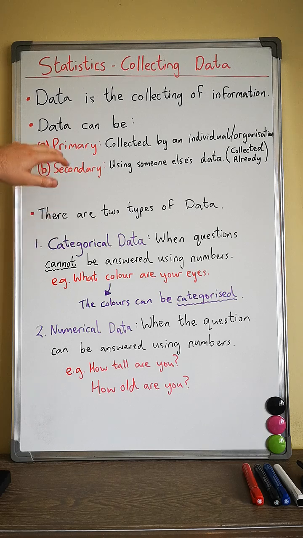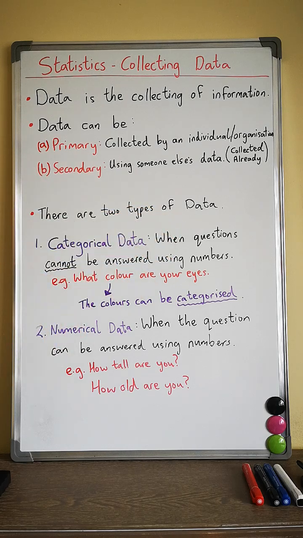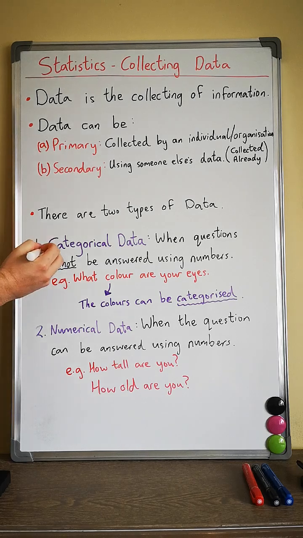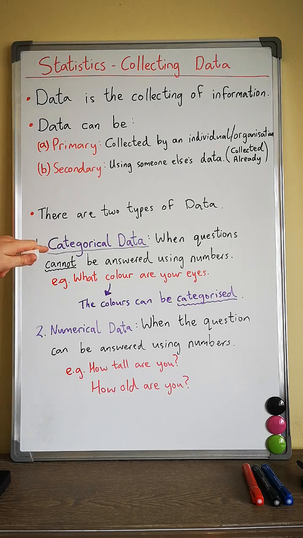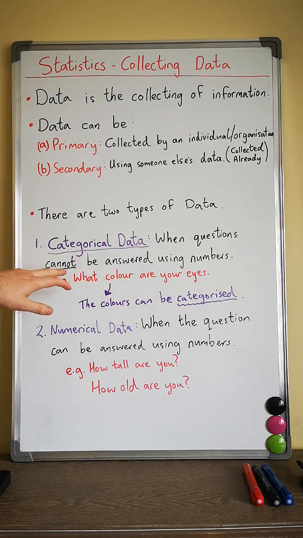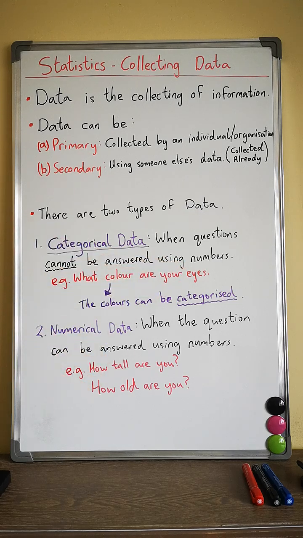Okay, data can either be primary or secondary, but there can also be two types of data. The first one is categorical. It's called categorical data, and this means it can be categorized. It's when questions cannot be answered using numbers. So if I ask you a question and you use a number, then it's not categorical.